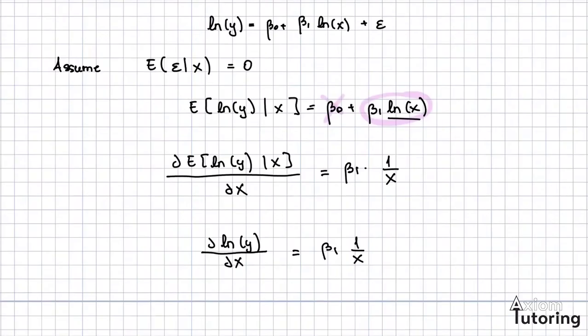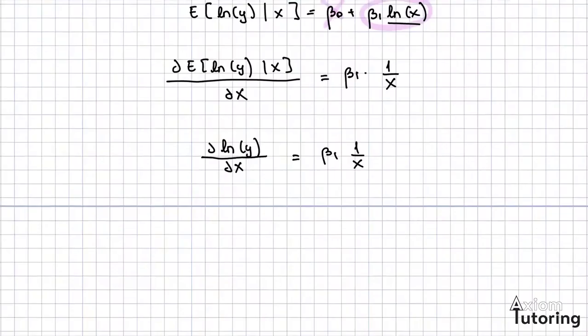Now, we're going to use a concept that we have seen quite often in the previous few videos, and that is, recall that the derivative of ln of y with respect to x is simply 1 over y times dy over dx.